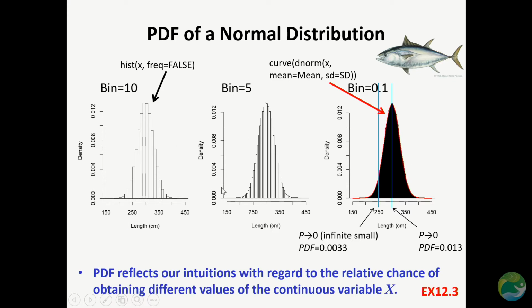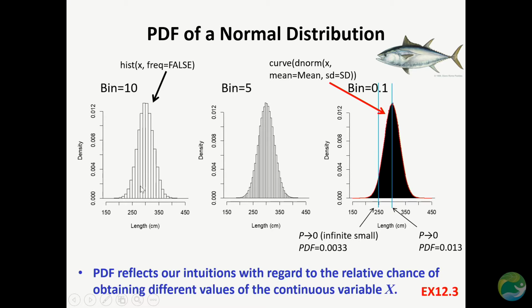And in this case, I'm going to show you 3 examples. We have length data, and we are going to use the bin size of 10 to calculate the density for each size class.